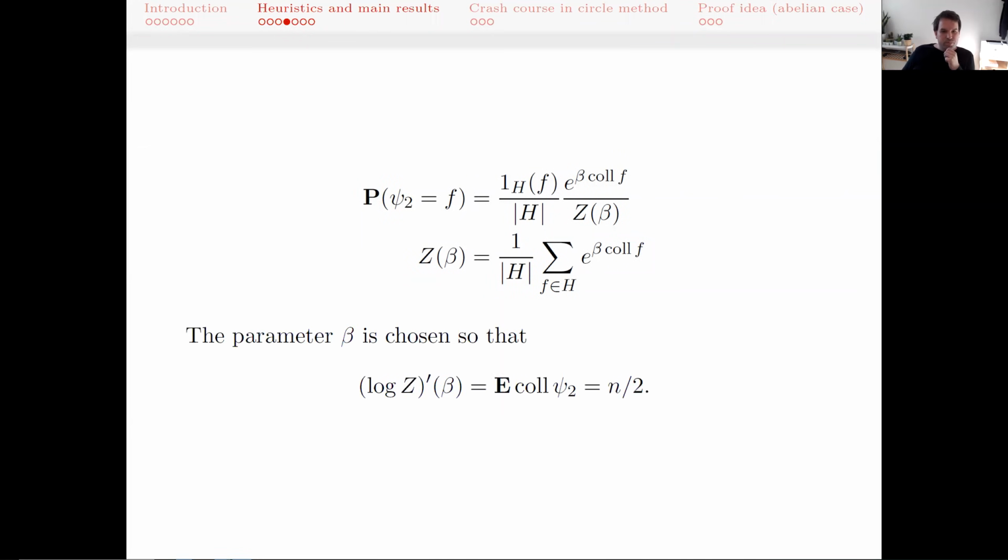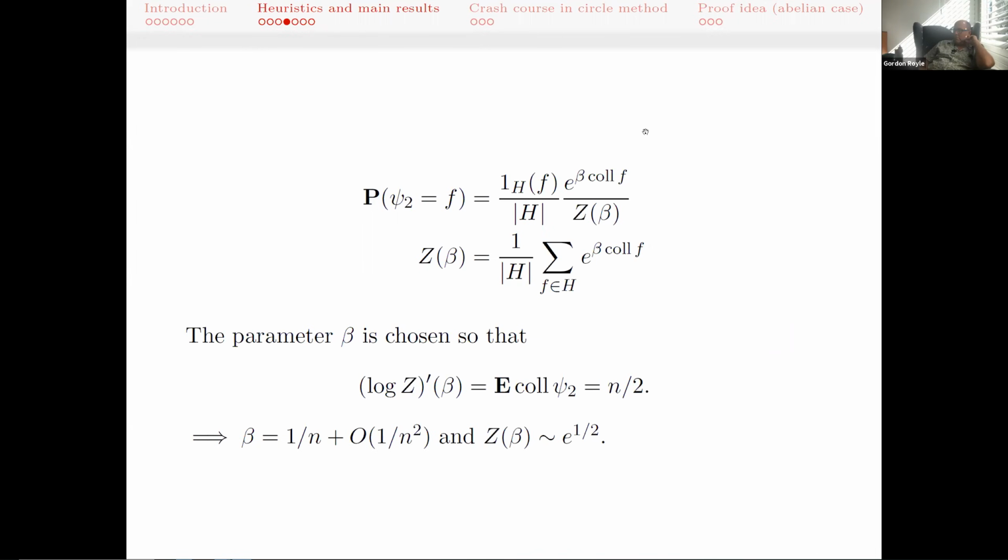So how do we choose this beta? It is not hard to show that the derivative of the logarithm of this function at beta must be equal to the expected number of collisions, and we know that this is n over 2. If you proceed solving that, you will get that beta is basically 1 over n, and this gives you that Z of beta is close to e to a half.